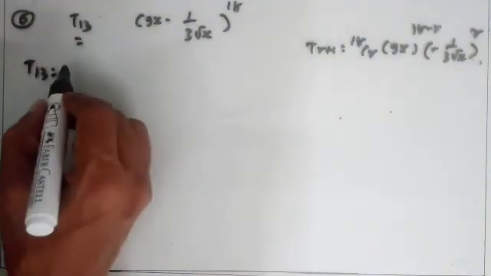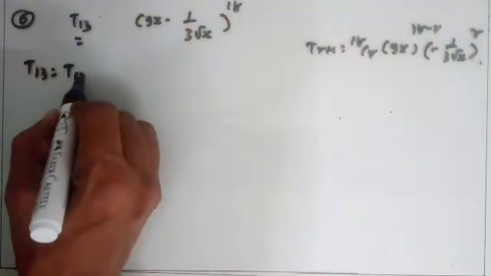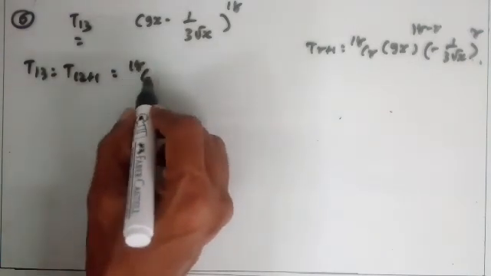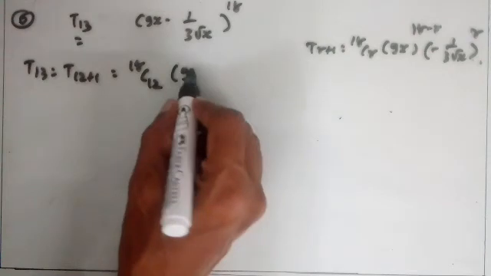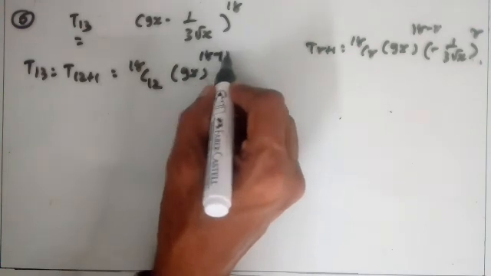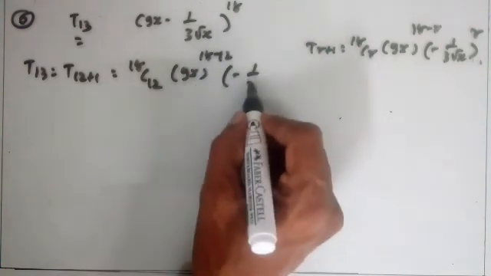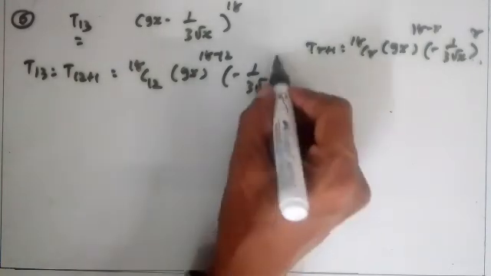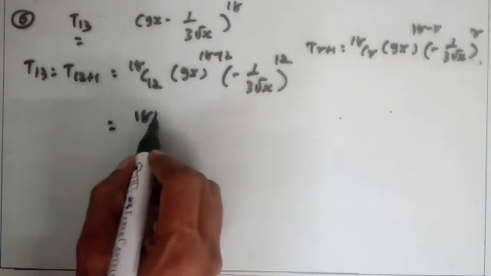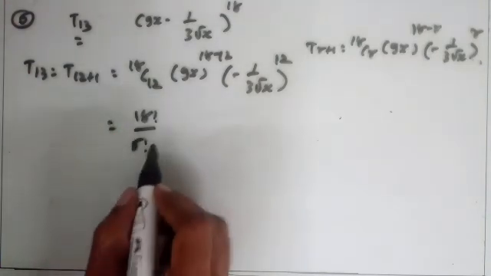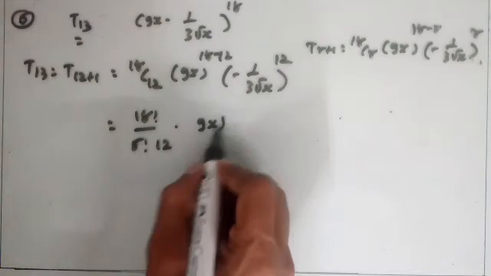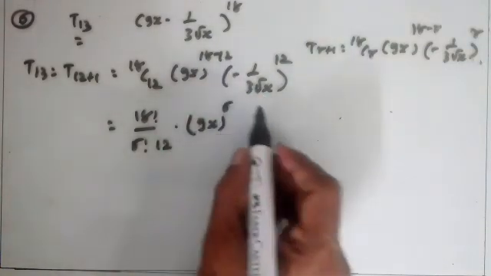T13 is equal to, change into r plus 1 form, so T12 plus 1. So it is equal to 18C12 (9x) raised to, subtraction of 18 minus 12, 18 minus 12, (minus 1 upon 3 root x) raised to 12. Clear? So 18C12 is equal to 18 factorial upon 18 minus 12, that is 6 factorial into 12 factorial, into (9x) raised to 18 minus 12, that is 6.